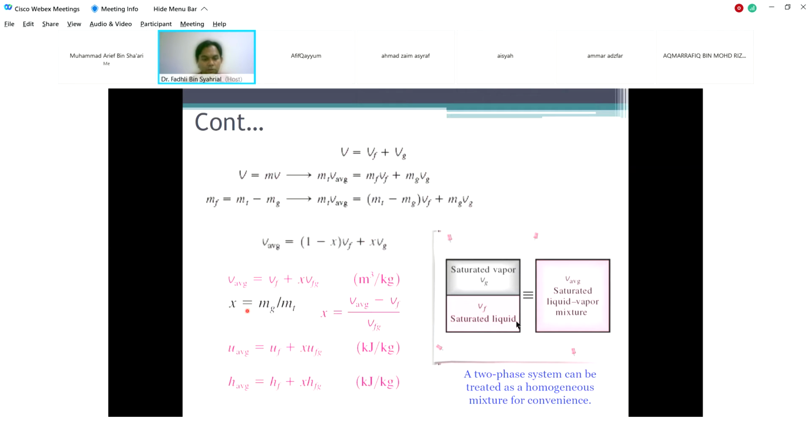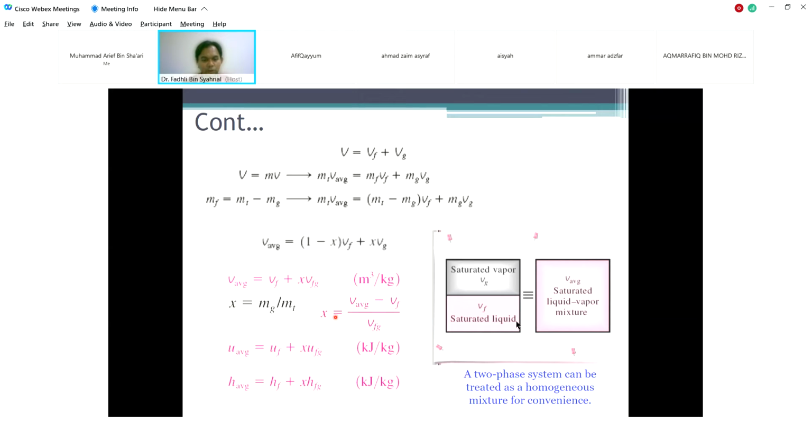As we learned just now, the quality is the ratio between mg and mt, the total mass. So we can use this equation as well in order to know the value of x. Once we have this value, we can replace it here.